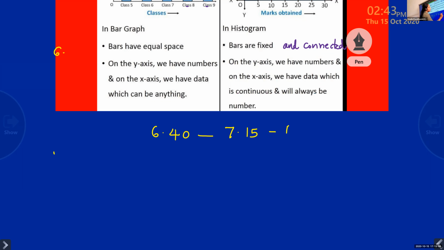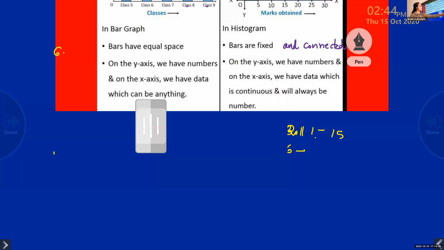First batch, roll number 1 to 15. And 7:15 to 7:50, roll number 16 to the remaining students, till the end. Did you see the timing, children? Okay. So join.